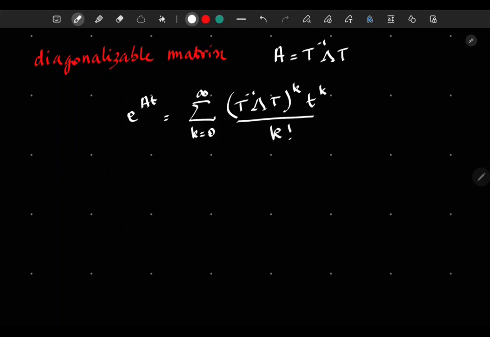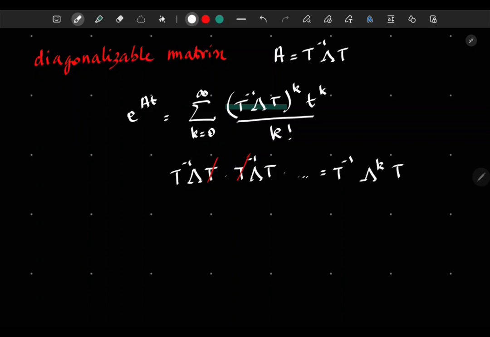But notice that this term, if we write it out in full, will be something like T to the minus 1 lambda T times itself, and so on and so forth. And all the terms T times T to the minus 1 will cancel out. So this will just become T to the minus 1 times lambda to the kth power times T.